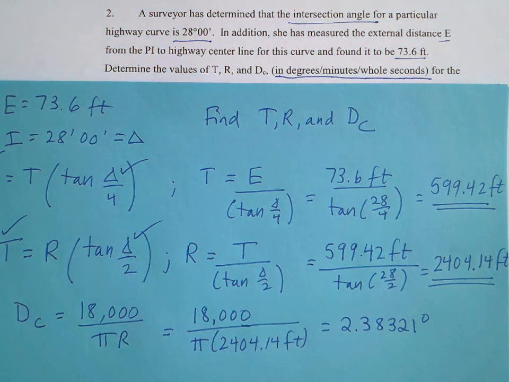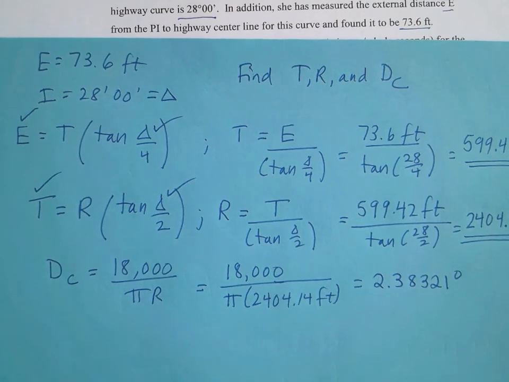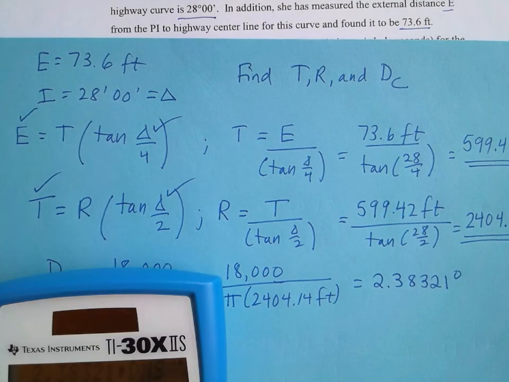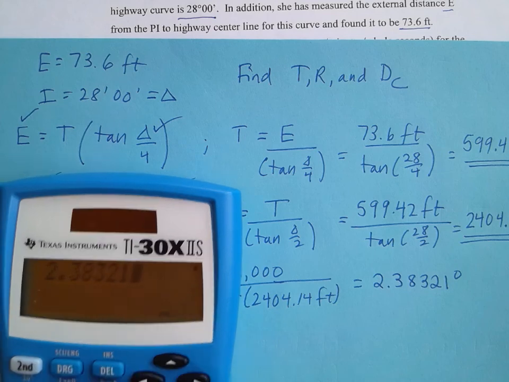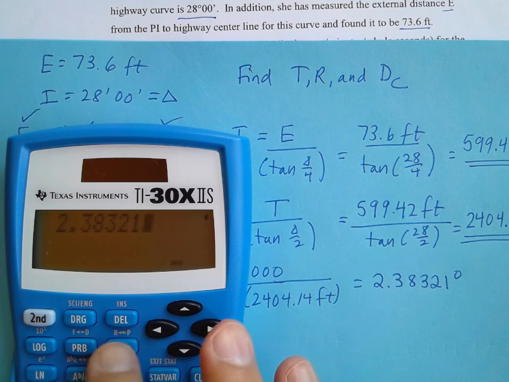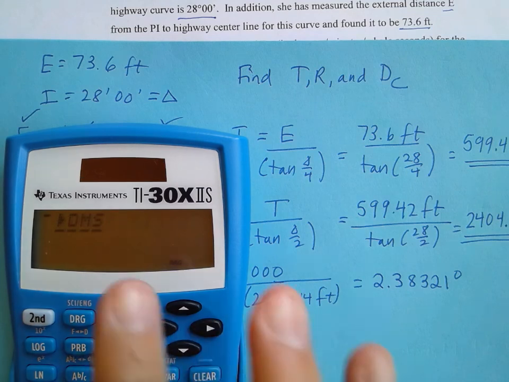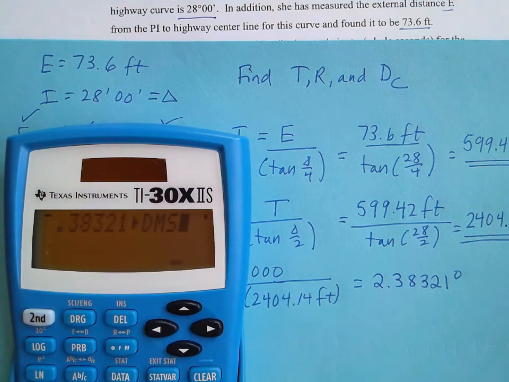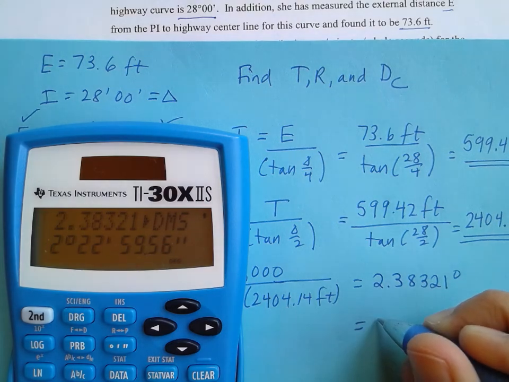So we need to convert those decimal degrees into degree, minute, second. I'm going to do that on my calculator, since my calculator has a nice function to allow that to happen. I can put in 2.38321, go up to the degree, minute, second button that's right under the DEL, push that and scroll over to DMS, meaning degree, minute, second, hit the equal again, and that converts my decimal degrees into degree, minute, second.